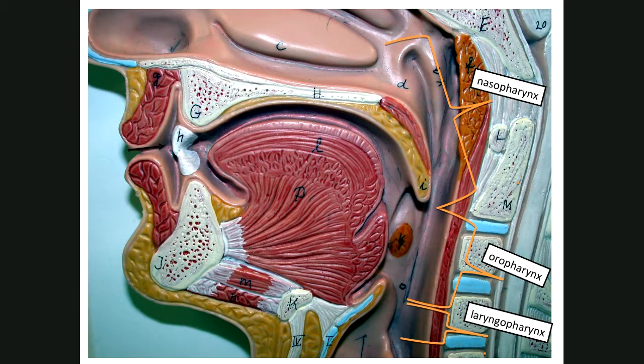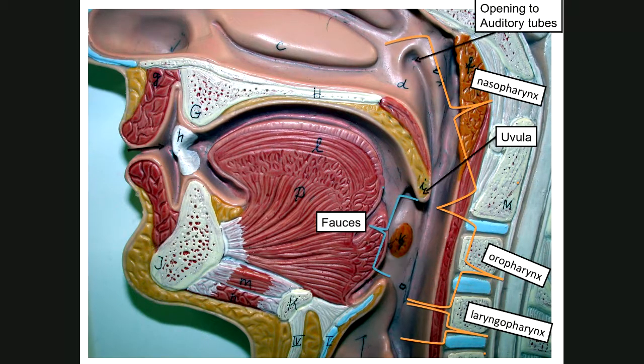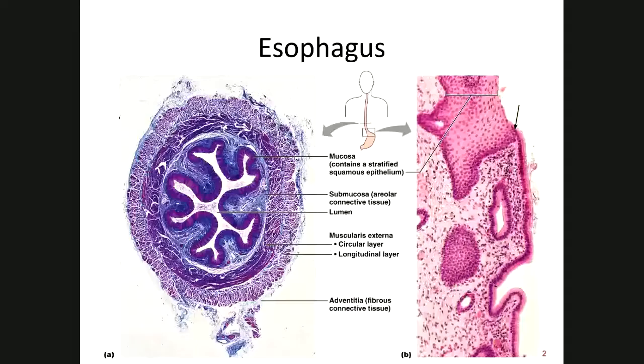There's also an opening right here, which is what food goes through to get to the pharynx. That is called the fauces, kind of like faucet, fauces. That's just this hole is all it is. It's not really a structure, it's a hole. The food then is supposed to go down to the esophagus.